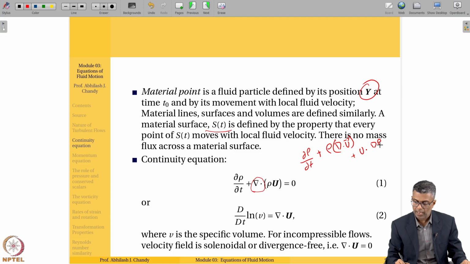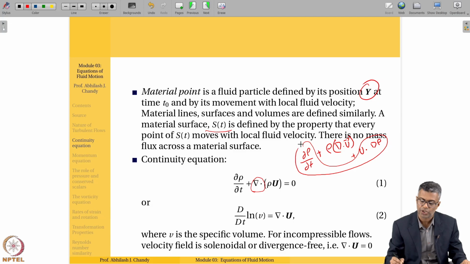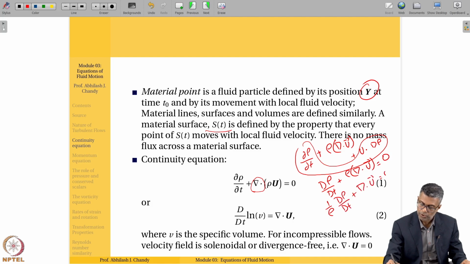Now what I can do is combine these two and use the definition of the material derivative. Then I get D rho Dt plus rho del dot u is equal to 0. I divide by rho, and what I have is 1 over rho D rho Dt plus del dot u is equal to 0.